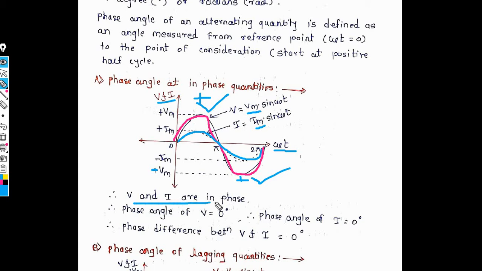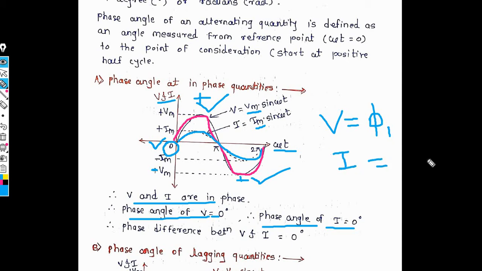The voltage and current waveforms start from zero angle. That means the phase angle of voltage is 0. The waveform of voltage starts from 0 angle, and the same for current. The phase angle of current starts at 0 degree. For voltage we have considered phi 1, and for current we have considered phi 2.